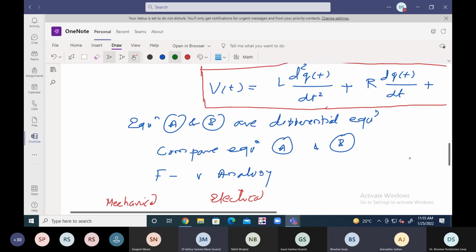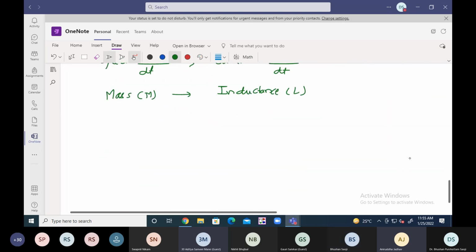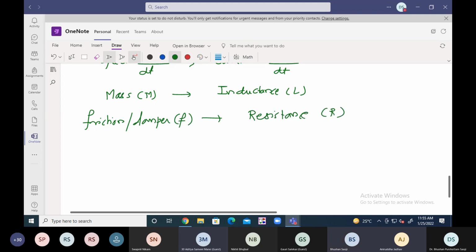So the friction or damper f is nothing but the resistance R. If there is a damper, we can directly replace it by resistance R.